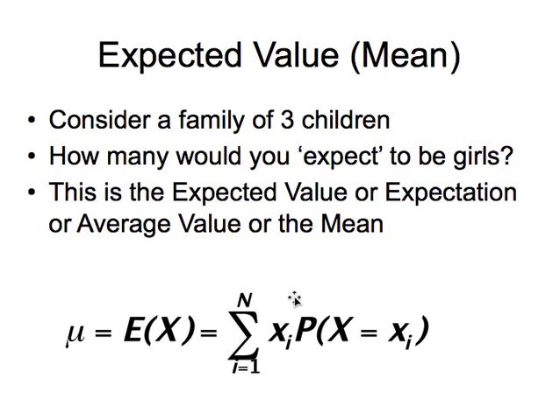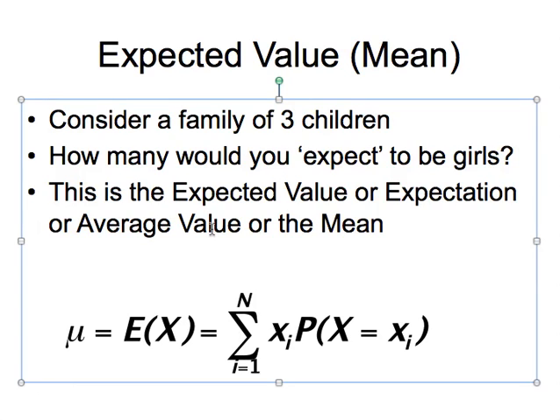Expected value, which is also referred to as the mean or expectation or the average value, for a discrete probability distribution. So let's consider again that family of 3 children. How many would you expect to be girls?